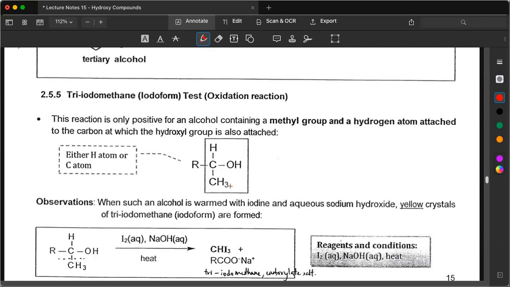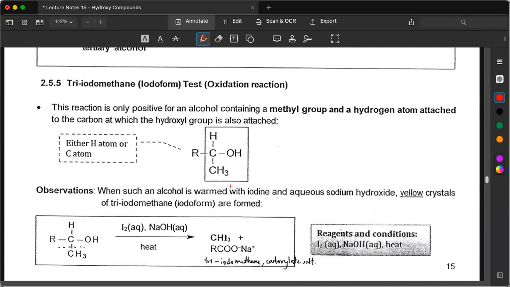Now, if we want to test for alcohol, these are the tests we can carry out. The first reaction here, which is called the Iodoform Test, is only positive for alcohol that has a methyl group and a hydrogen atom attached to the carbon at which the hydroxyl group is also attached.